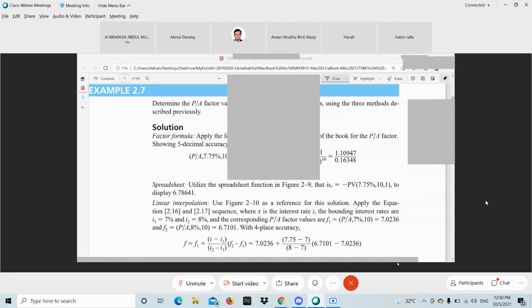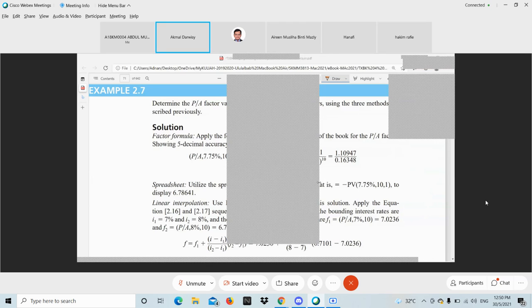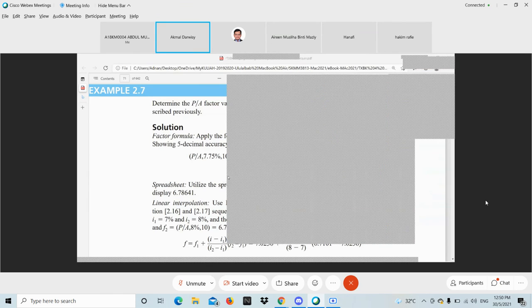Kita belajar pasal yang principle, kita belajar pasal growth rate, kira-kira macam tu. Okay. Lepas tu kita belajar pasal cash flow diagram. Okay. Lepas tu kita belajar pasal how time and interest affect money. Kita belajar pasal single amount factors yang FP, PF.